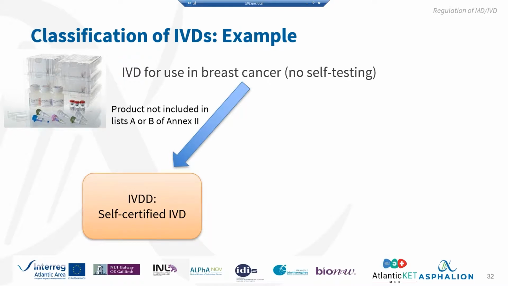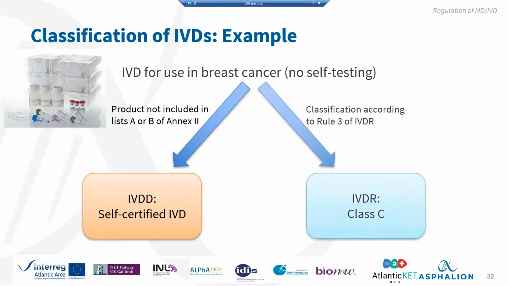There's no notified body involvement in the certification of this device. On the other hand, if we go through classification according to the regulation, we'd have to follow Rule 3, and the device would be considered a Class C device. So as you can see, this IVD would have to be assessed by a notified body if we follow the regulation. This would be one of the examples of IVDs that will have to go from self-certified to certified by a notified body.